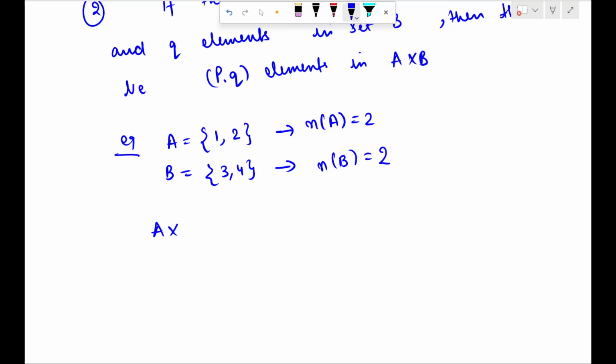So A cross B should have n(A) into n(B) elements, which is 2 into 2, that is 4.